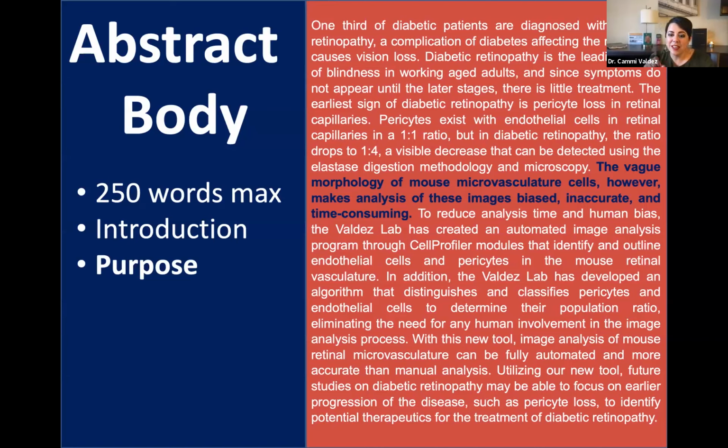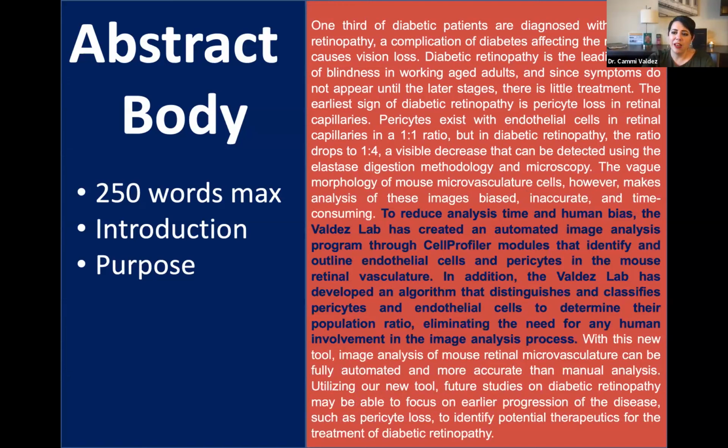And so, because of that, the morphology, which is the cell shape, is really hard to distinguish for humans in manual analysis. And so, our analysis becomes biased, it can be inaccurate, and it's also really time consuming to do this work. So, this is kind of the problem, right? This is the purpose of the study and the problem that we experience, and why we've taken on this project in our lab to try to complete.